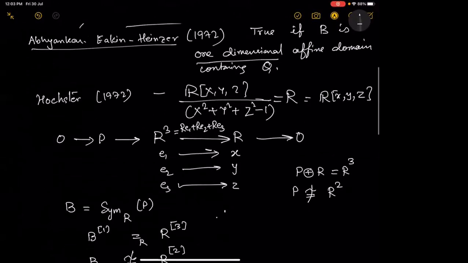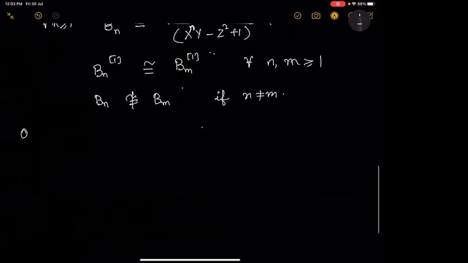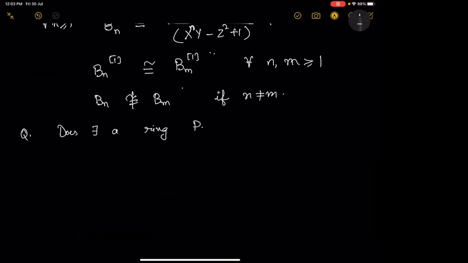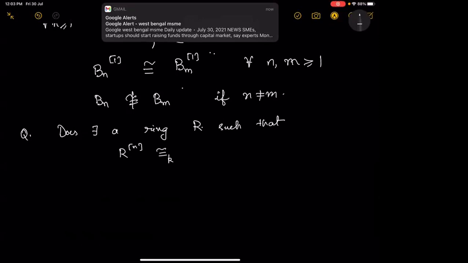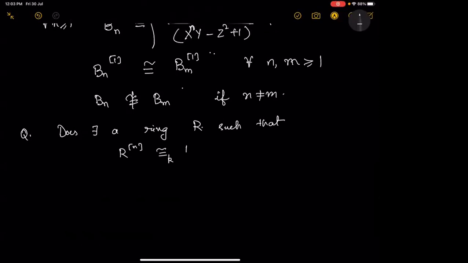So a natural question which one can ask is, I should better write, does there exist an affine K-ring R such that R[x1,...,xn] is isomorphic as K-algebra to the polynomial ring A^n, but R[x1] is not isomorphic to A^1?